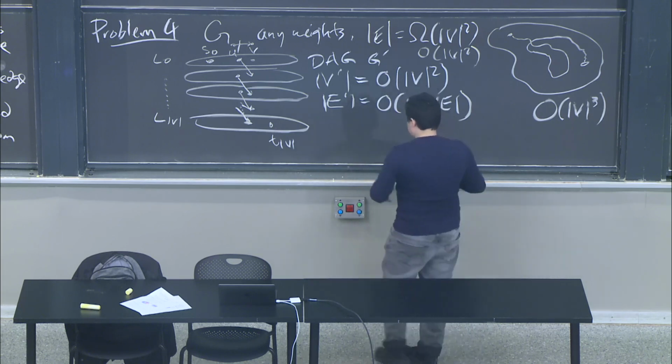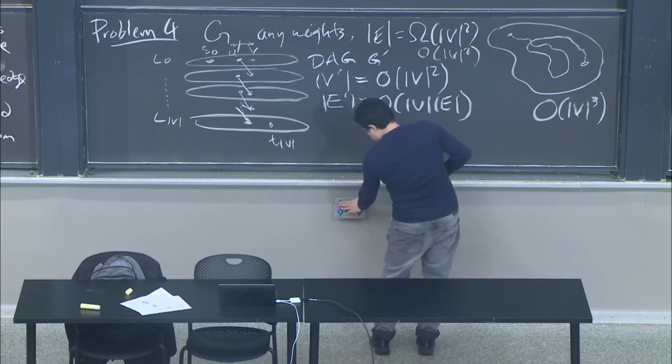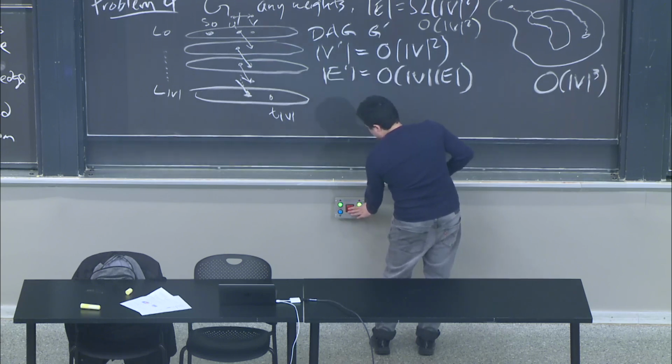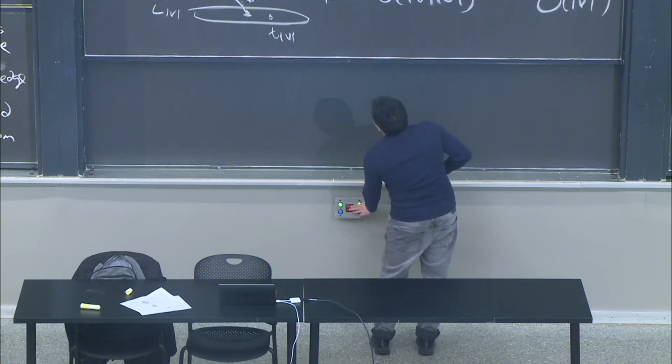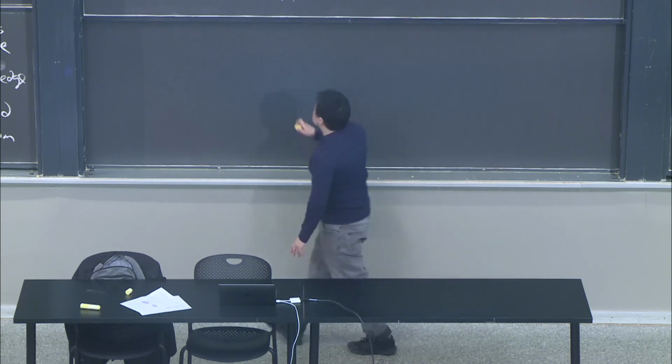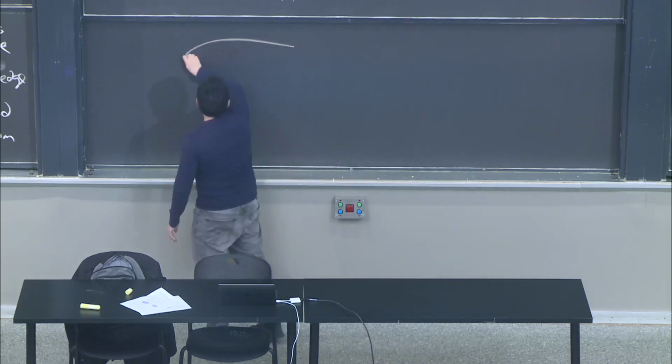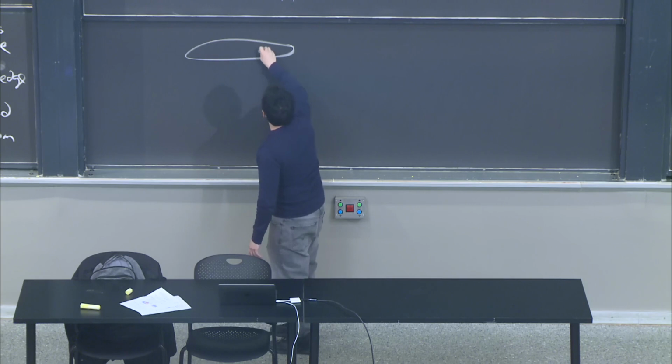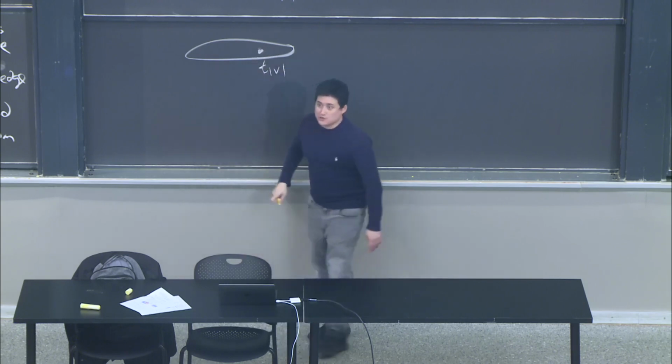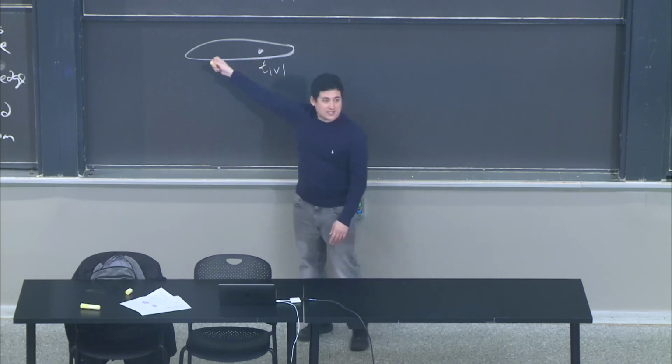So actually, on this bottom layer, I want to find short paths to t from actually every vertex, right?